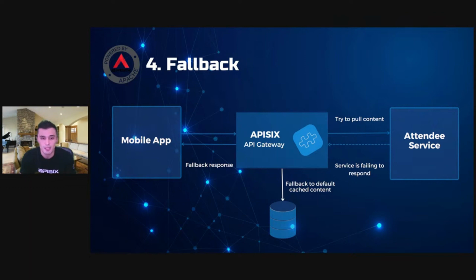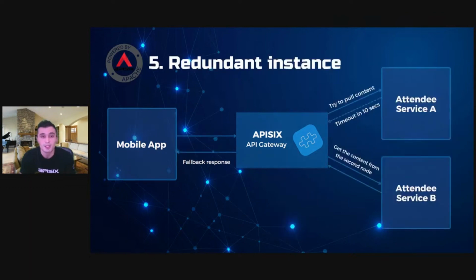This is a fallback. And next, for example, you can also enable some kind of redundancy of your service. You can create one or more instances of your services to achieve a backup feature, right? If attendee service A is failing and cannot respond now, you can always switch and route the traffic to service B, which is actually now online and healthy, and can resolve your requests.